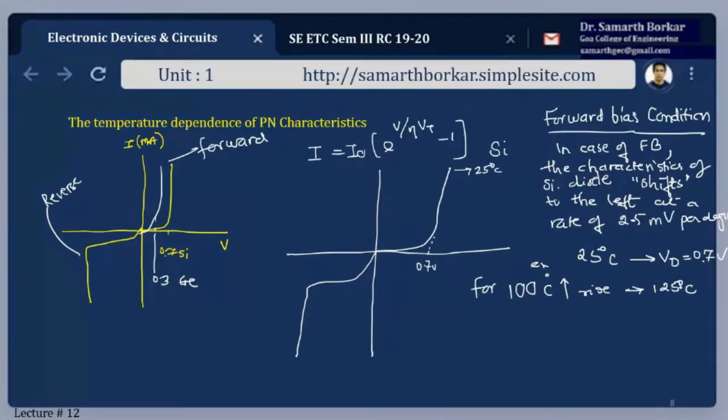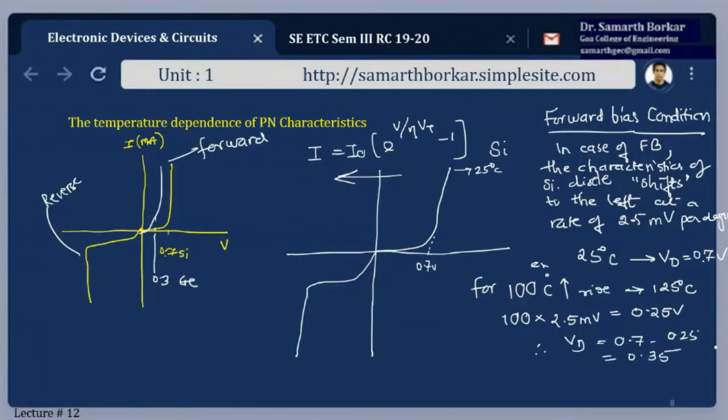So it is a 100 degree rise at a rate of 2.5 millivolts, so it is 0.25 volts. Therefore this VD will shift towards the left. So it will be 0.7 minus 0.25, so it will be 0.35.